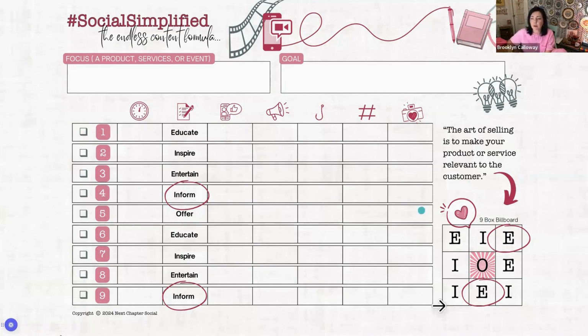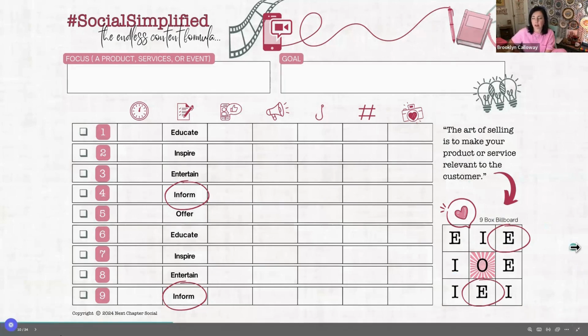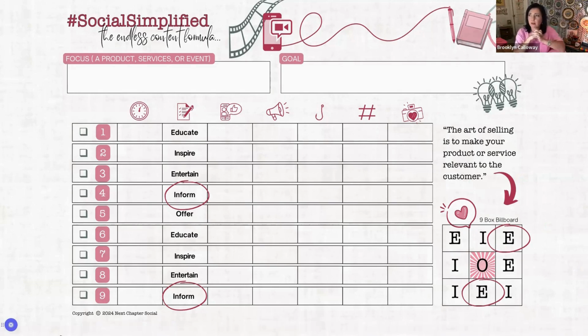So I do want to point out this 9-box billboard over here. We base all of our content around our classes, teaching you content marketing specifically for Instagram. But obviously, these 9 posts could go on Facebook or LinkedIn or Pinterest or TikTok, whatever platform you have your business established on. However, Instagram is a really good grid and a very good visual aid.